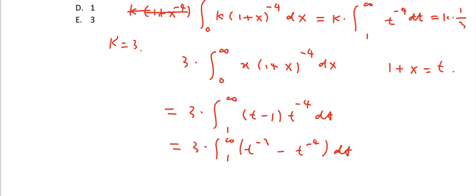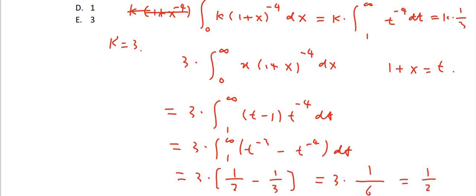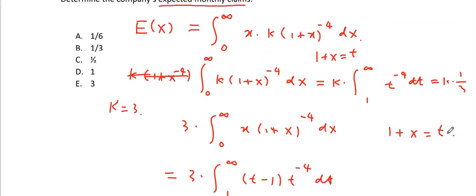We can integrate t to the negative 3, which gives 1 over 2, and t to the negative 4 gives 1 over 3. So this equals a half. Okay, we can stop here. See you next class, or next lecture.